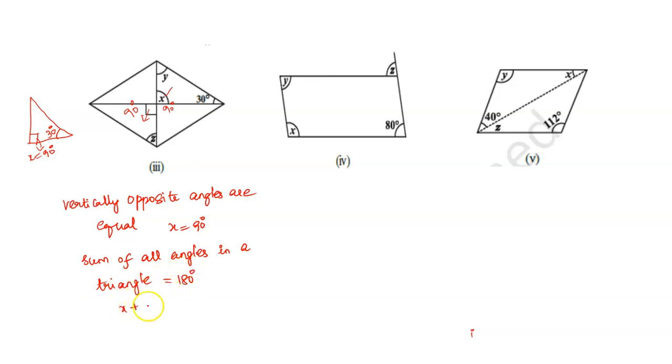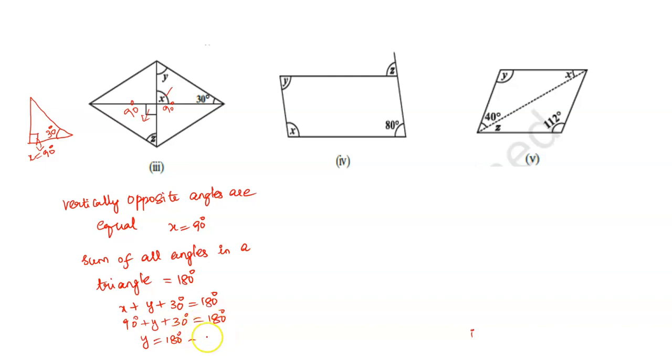Therefore x plus y plus 30 degrees is equal to 180 degrees. We know that x is 90, so 90 plus y plus 30 is equal to 180 degrees. So y is equal to 180 minus (90 plus 30), which is 120.